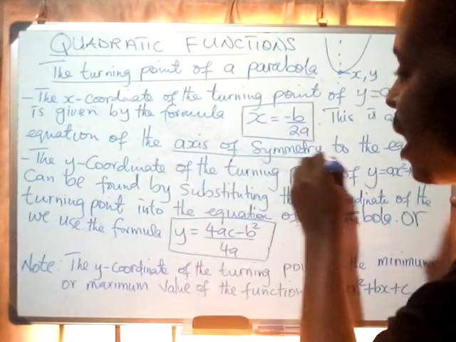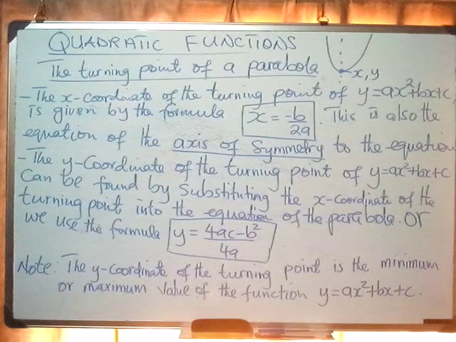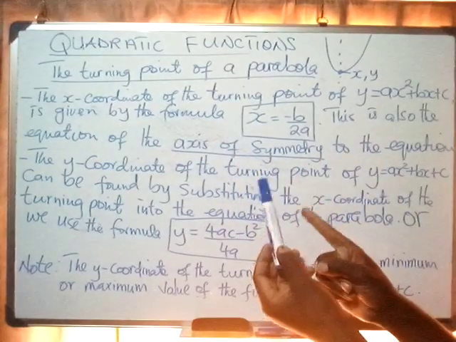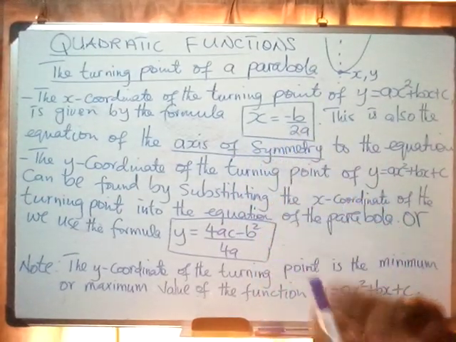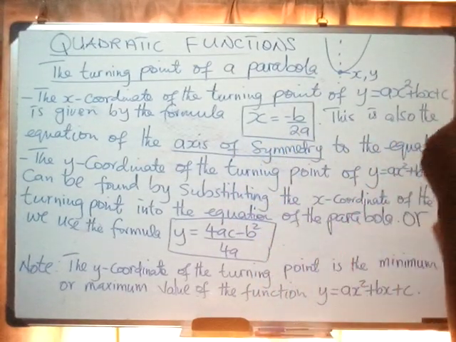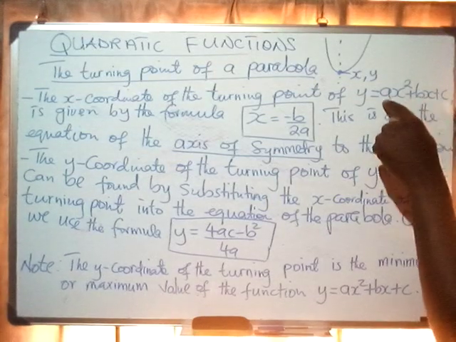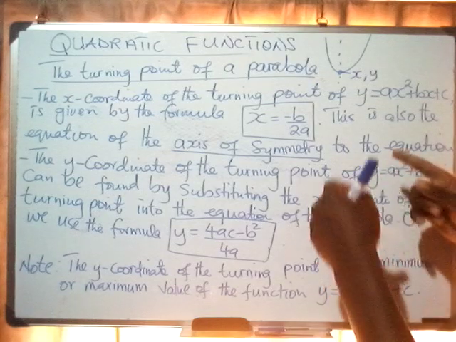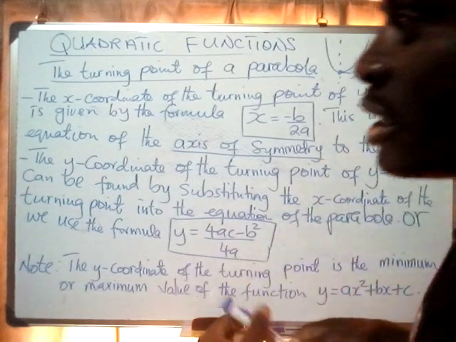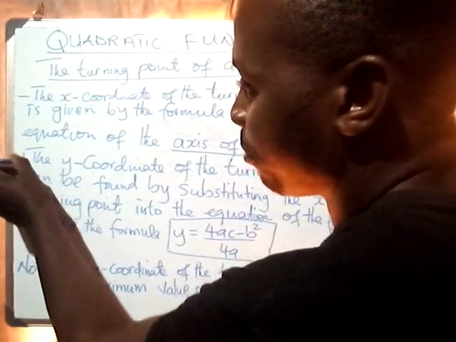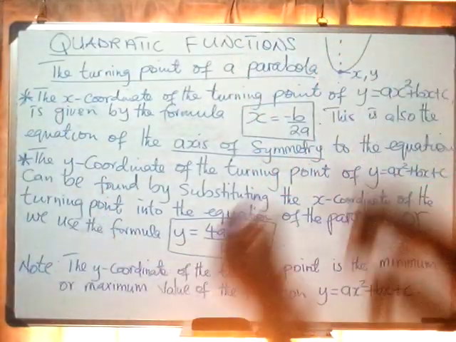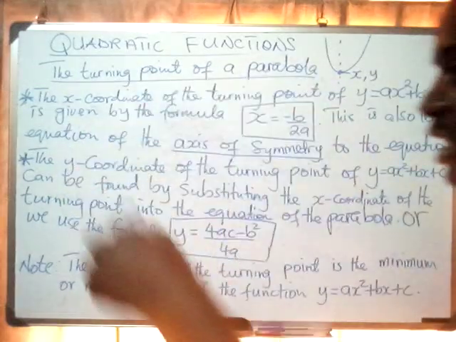So the question may say, find the equation of the axis of symmetry. You just use this formula, x = -b/2a. You get the value of b, you also get the value of a, and you substitute. Then the other point is the y coordinate at the turning point.